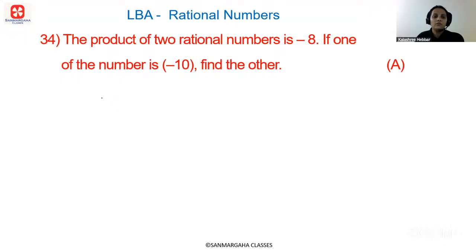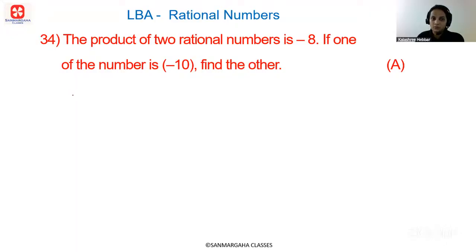Welcome to Sanmargaha classes LBA Rational Numbers question number 34. The product of two rational numbers is minus 8. If one of the numbers is minus 10, find the other. Okay, so what is given here is two rational numbers.